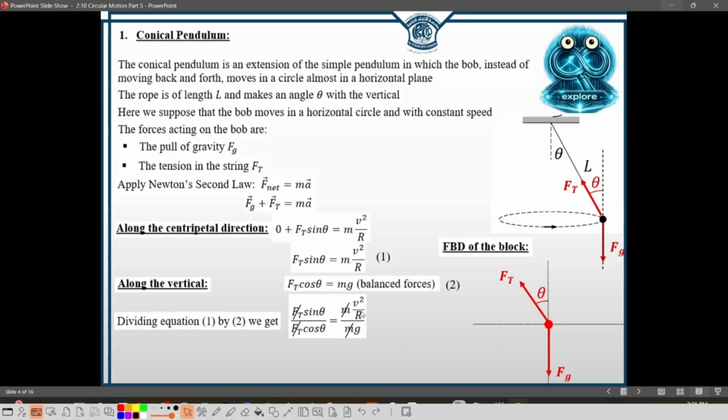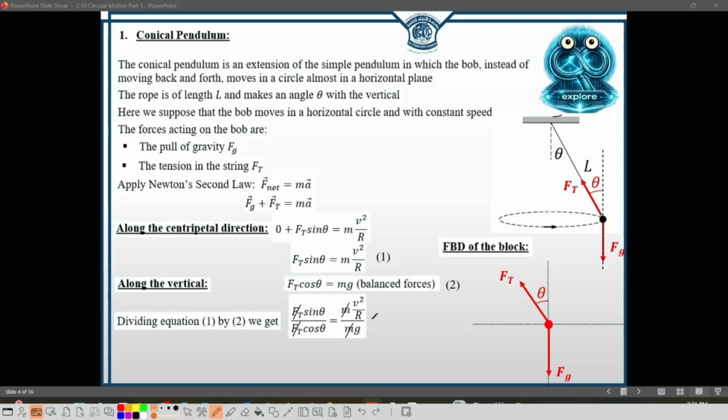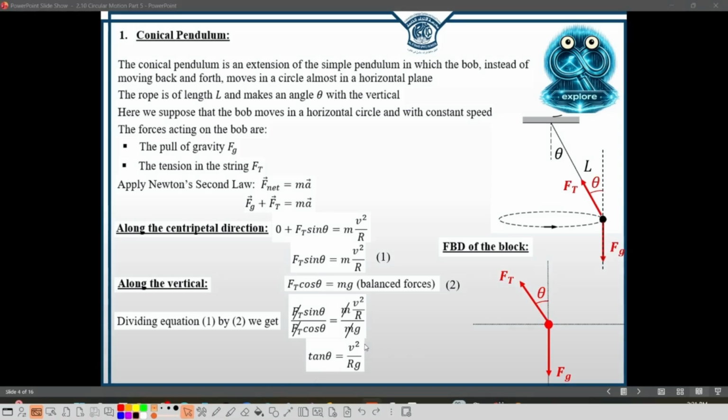So we can move the r down to the bottom, and this can be written as v squared over rg, which is equal to the tangent. So the tangent of theta is equal to v squared over rg.